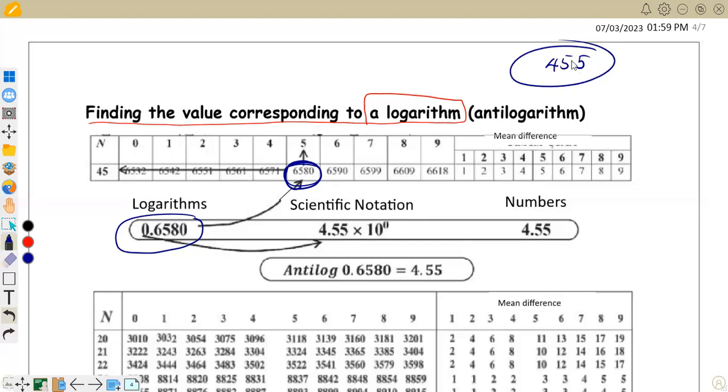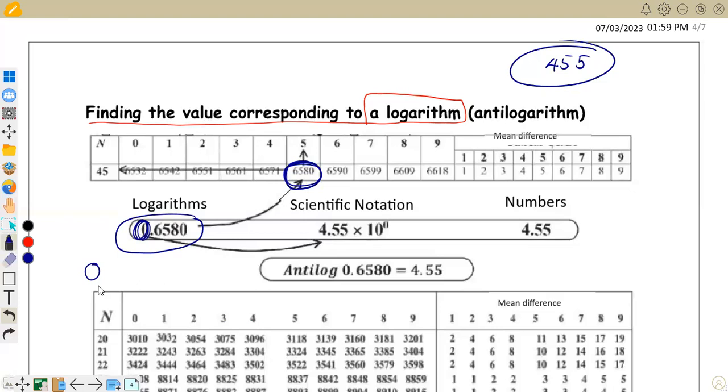Then how do we separate this? Now it is separated by looking at the characteristic. Actually we obtain the location by taking the mantissa, and using the characteristic we separate the whole number part and decimal part. Here it is 0.